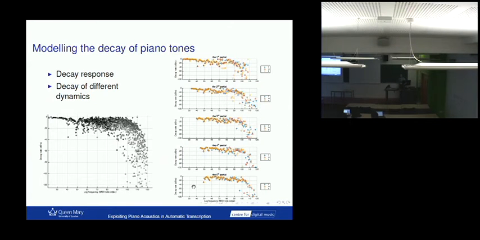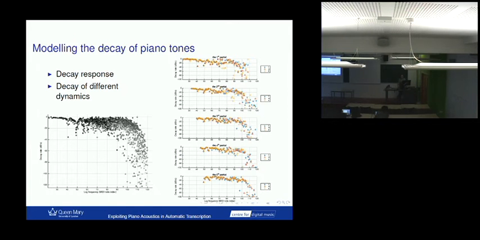Then we also try to draw some conclusions about the decay response and the decay of different dynamics. This shows all the decays of all the partials, where the x-axis is the partial frequency.